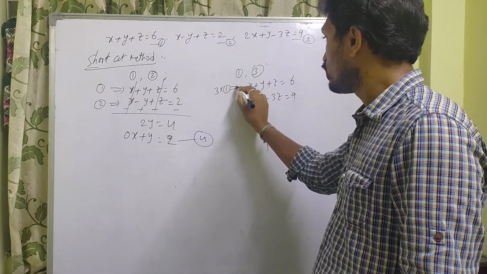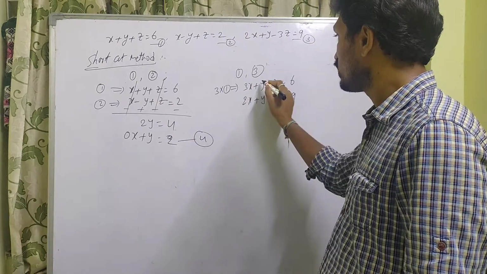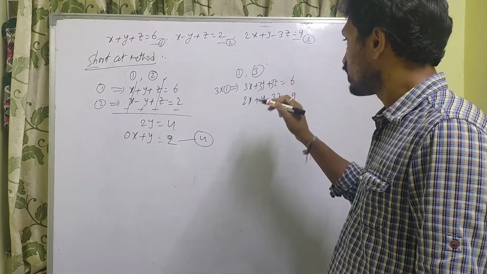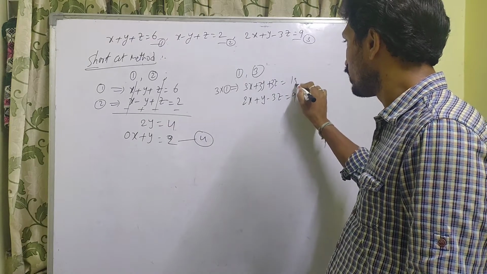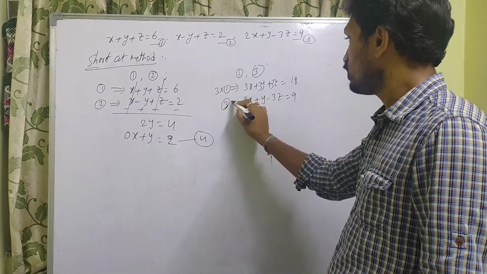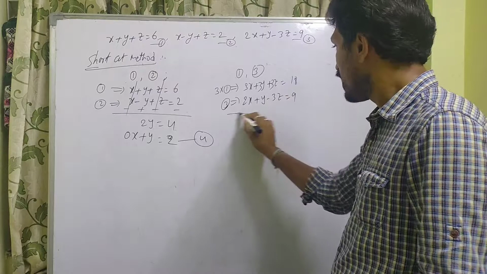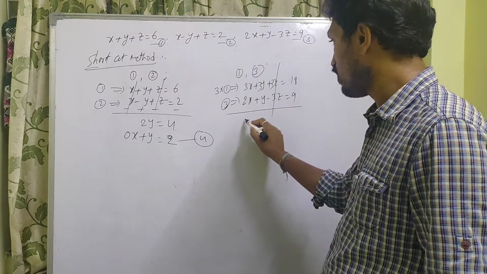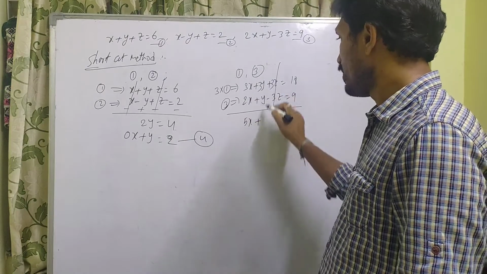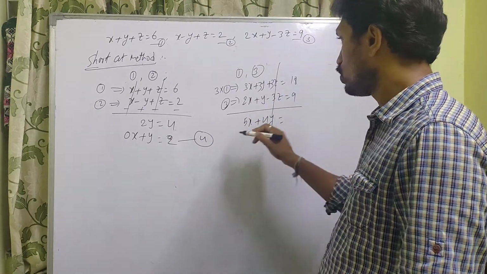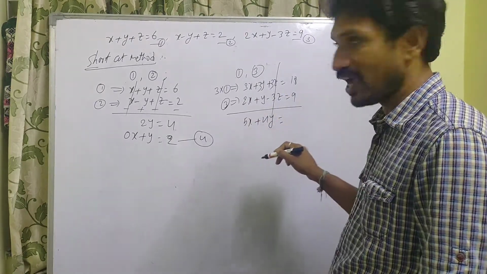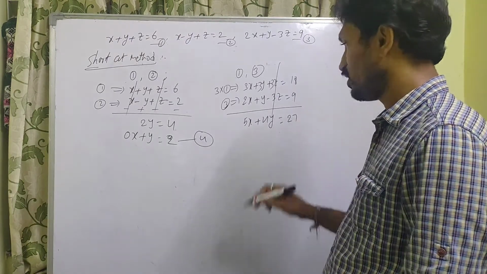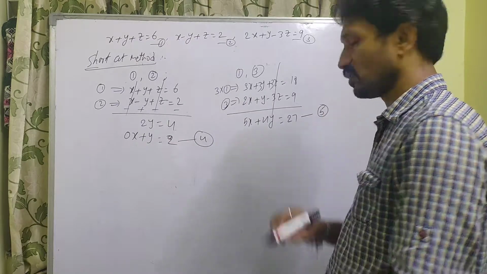That is 3x plus 3y plus 3z is equal to 18, since 3 sixes are 18. The third equation stays the same. By adding directly, 3z minus 3z cancels. So here 5x plus 4y is equal to what? 18 plus 9 is equal to 27. Consider this as the fifth equation.